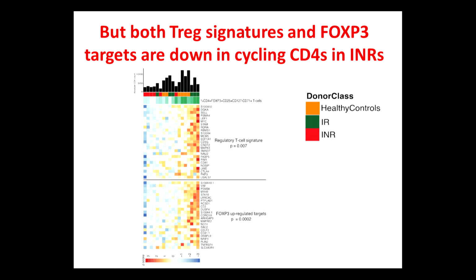We have each of our patients in these populations shown in groups here, with the healthy donors in orange, the immune responders in green, and the immune non-responders in red. You can see that there is poverty of expression of these regulatory T cell signature genes and FOXP3 upregulated targets. So although they're enriched in the cycling cells of each population, the magnitude of expression is lower in the immune non-responders.